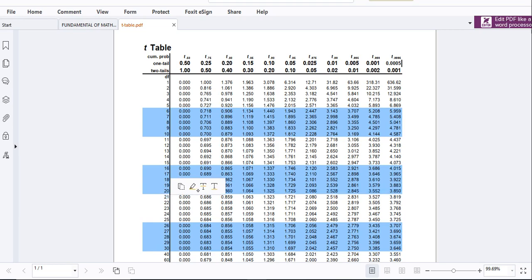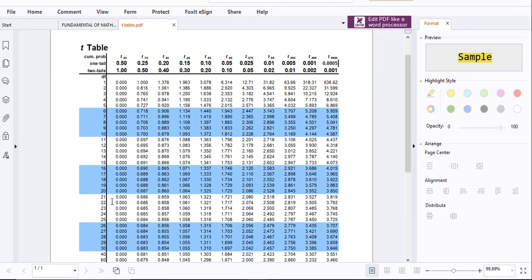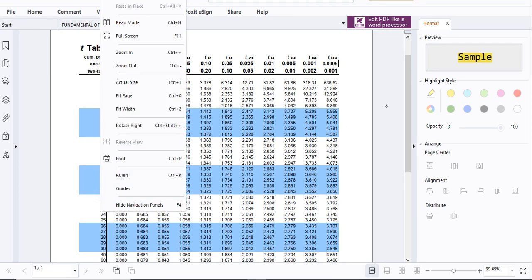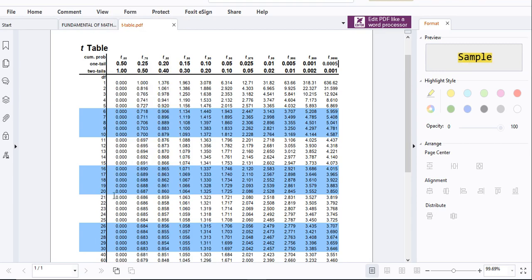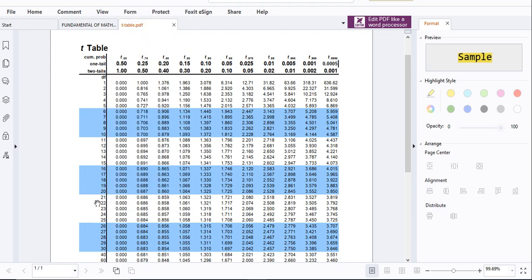21 degrees of freedom. And we need to check the value at 5% level of significance, right tail.